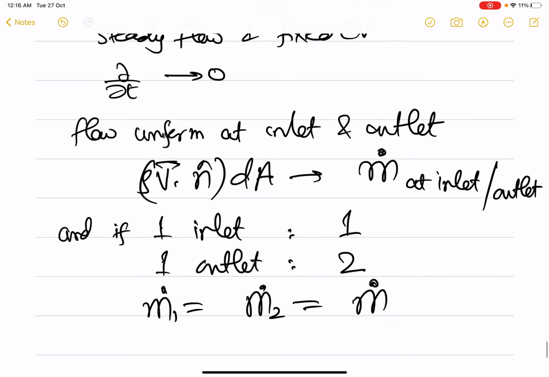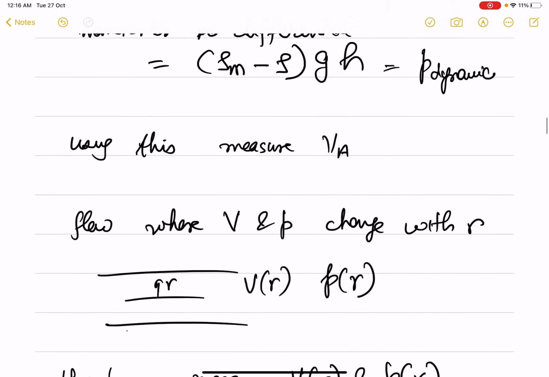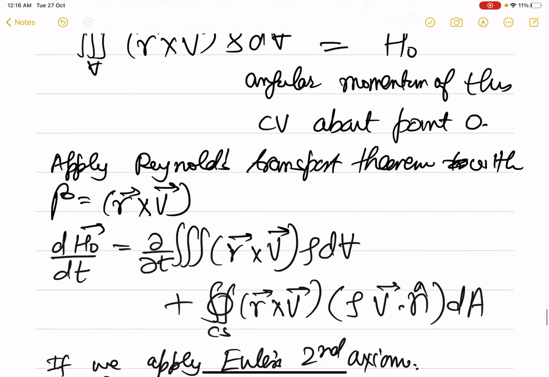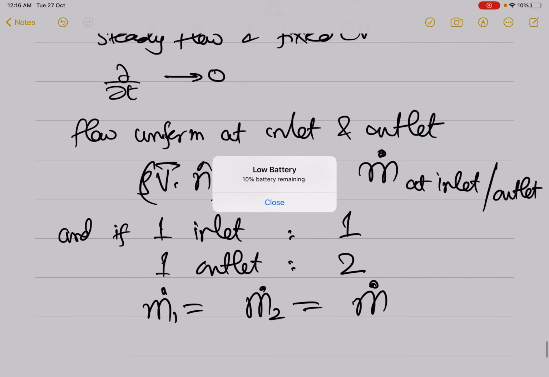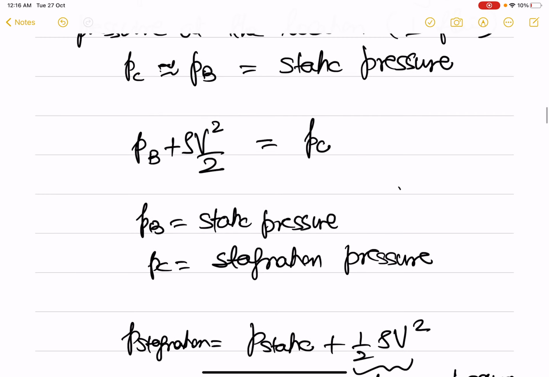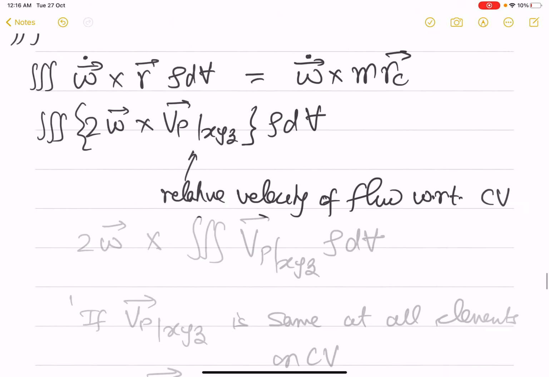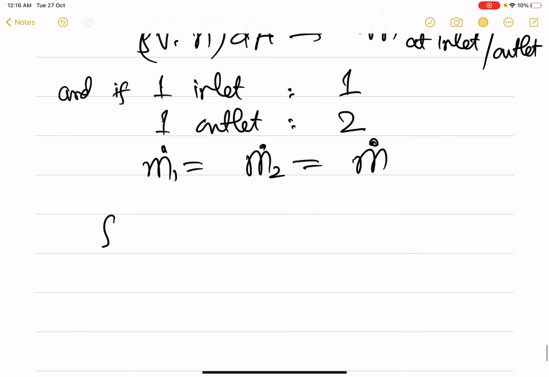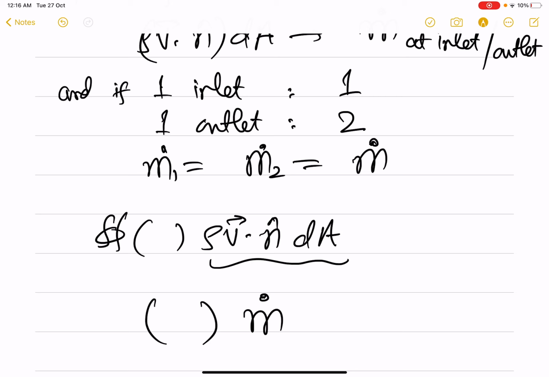And so this integral over the control surface, whether it is in the energy equation, the momentum equation, or the moment of momentum equation, in all these equations we have this integral of rho v dot n dA. So if there is one inlet, one outlet, the integral of any quantity times rho v dot n dA for the one dimensional case will just become m dot times that quantity calculated at the outlet, and at the inlet we put a minus sign.